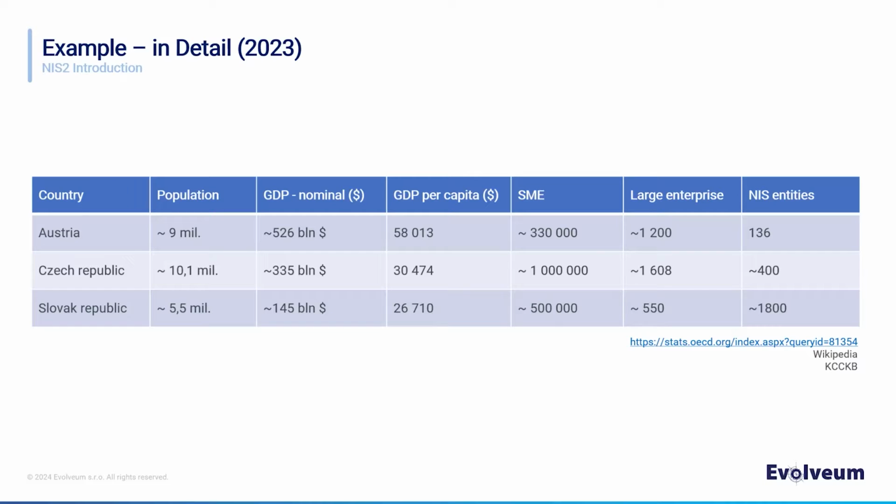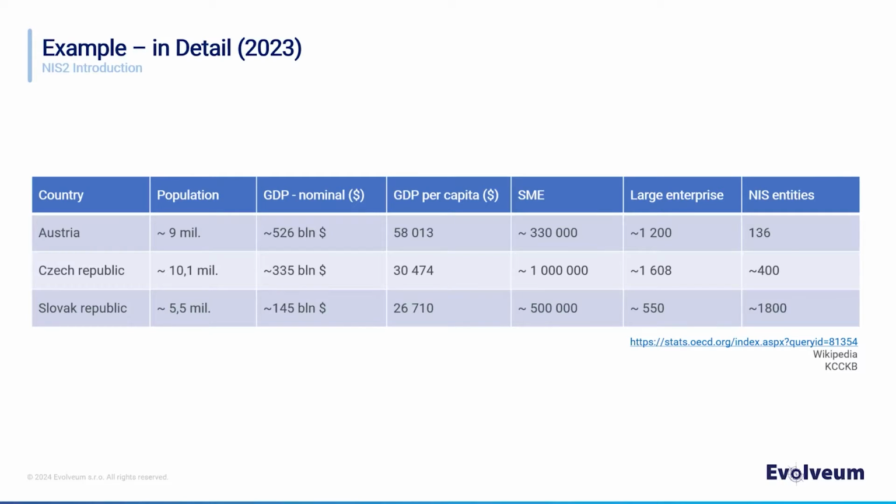This should be corrected by NIS2, and I know the data for Czech Republic and Slovak Republic. There are some estimations that in Czech Republic there will be about 6,000 subjects of NIS2, and in Slovak Republic about 4,600.